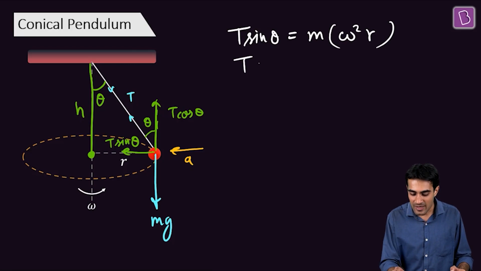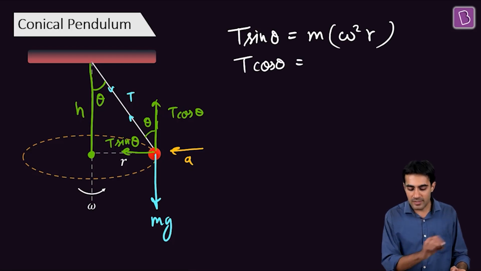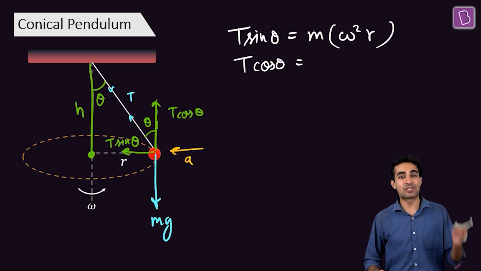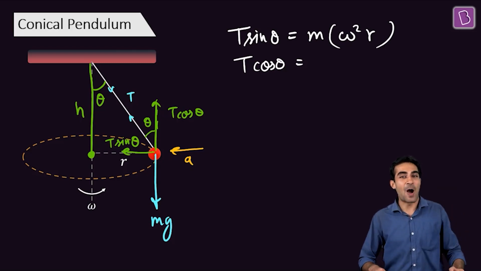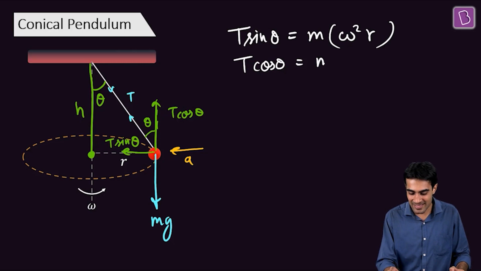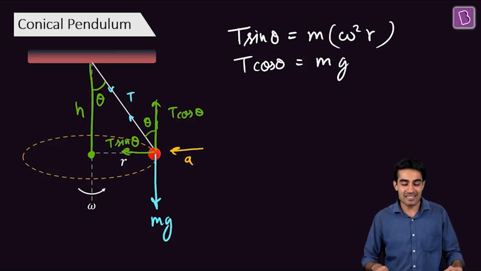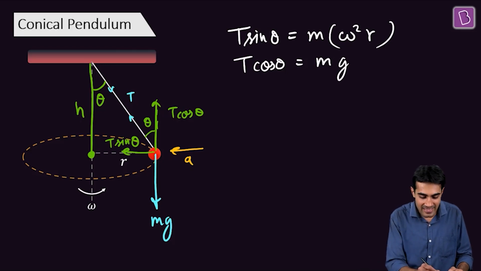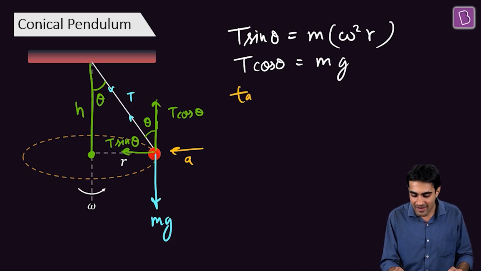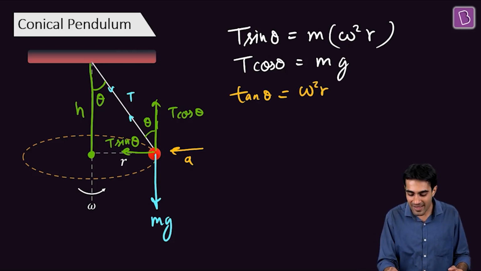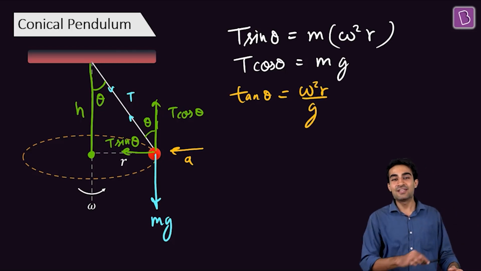And T cos of theta, what does this component of tension do? This component of tension is responsible for balancing out mg. So this is equal to mg. Why not divide these two equations? T will get cancelled out and we will get tan of theta is equal to omega square r by g.